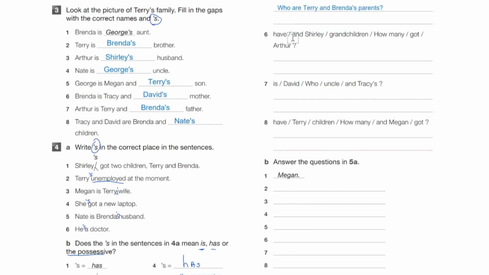Number 6, have and Shirley grandchildren, how many got Arthur? So it'll be how many grandchildren have Arthur and Shirley got, right?